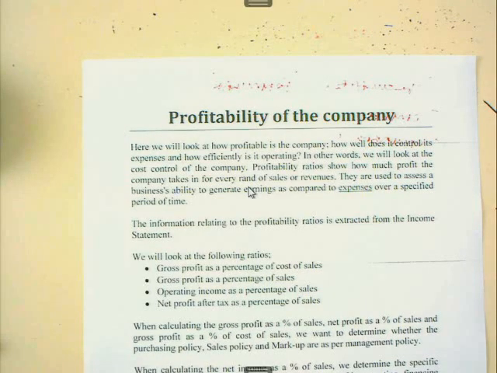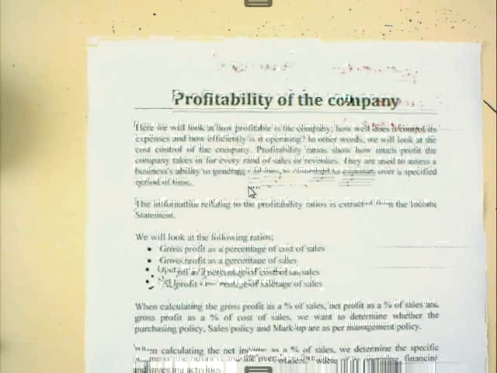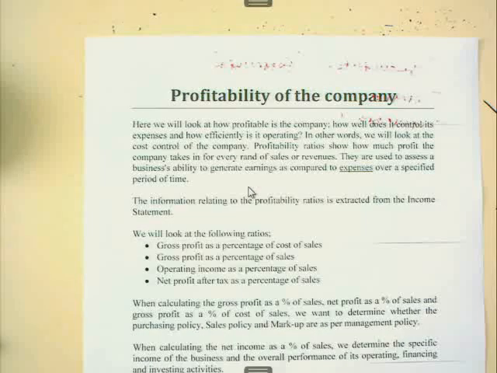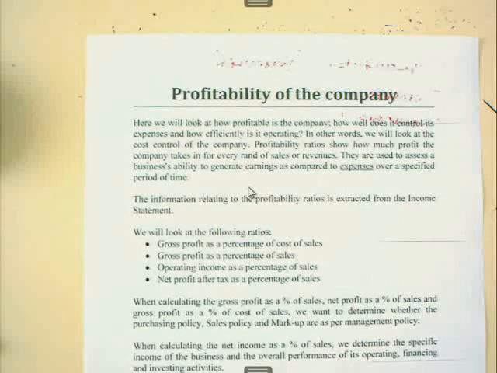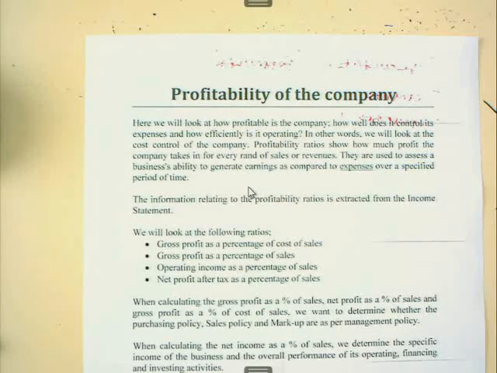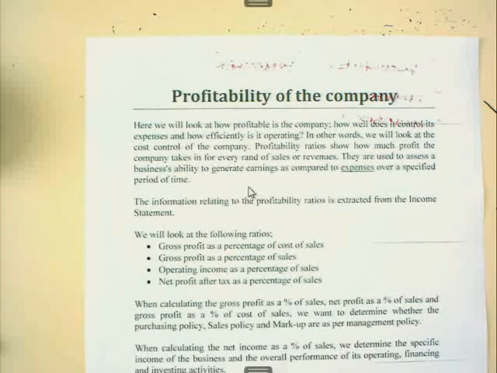Profitability ratios show how much profit the company takes in for every rand of sales or revenue. We are going to look at how much we are making, the money that comes into the business for every rand of sale.